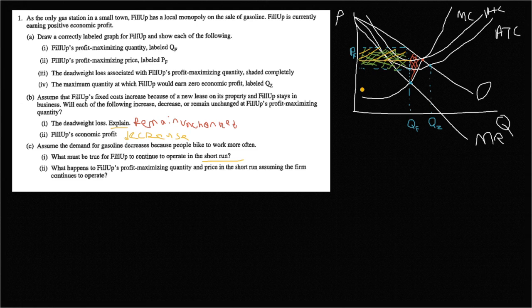So you just say average variable costs must be less than price at the profit maximizing output, which is here, because you just have to be specific, saying at the profit maximizing quantity, because you could still be losing money at any other point, and this is just the best point.